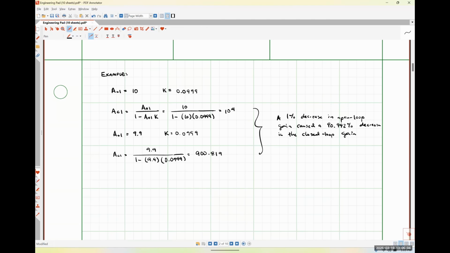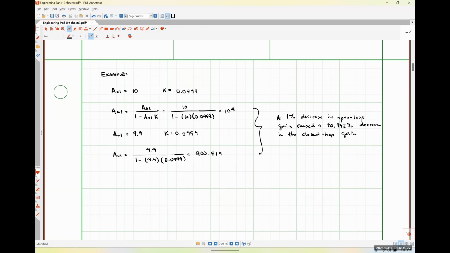Now, let's talk about what would happen if our feedback factor in this case were 0.1 instead of 0.0999. What would our denominator be? 0.